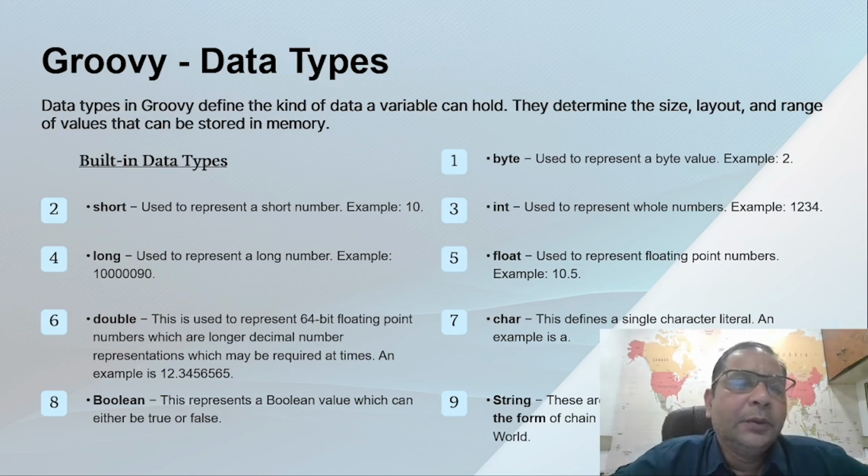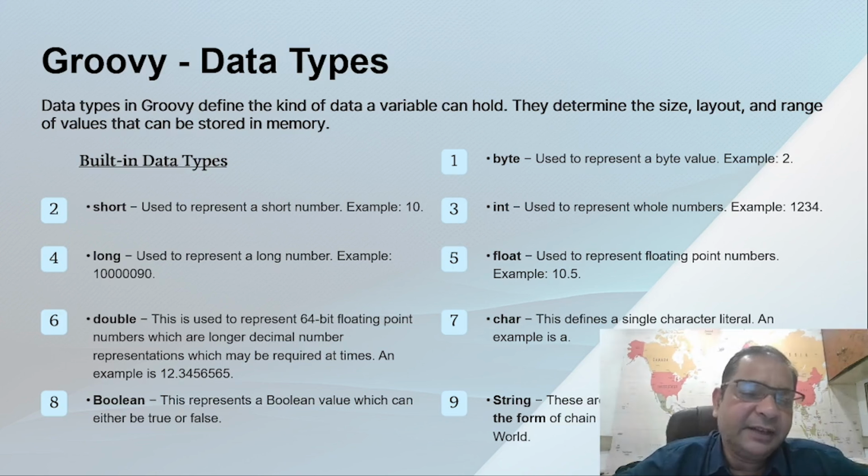Now, what are the data types in Groovy? We have built-in data types. Short is used to represent a short number like 10. We have long, which is a very big number. If you want to use 10-digit numbers, you have to declare it as a long.